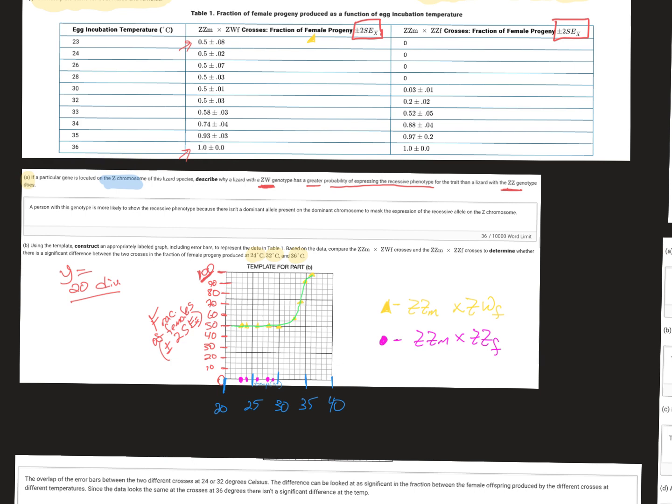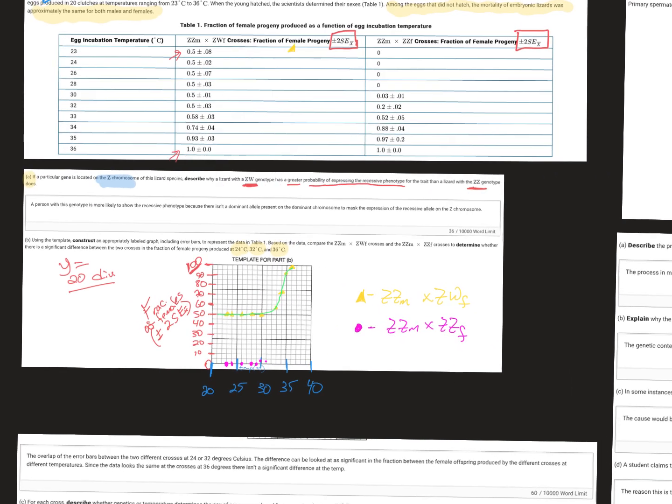At 30, it becomes 0.3. At 32, it's down to 0.2. So it's kind of flip-flopping. Since it's plus or minus, you see how it says plus or minus 0.01, really, these two are probably the same.